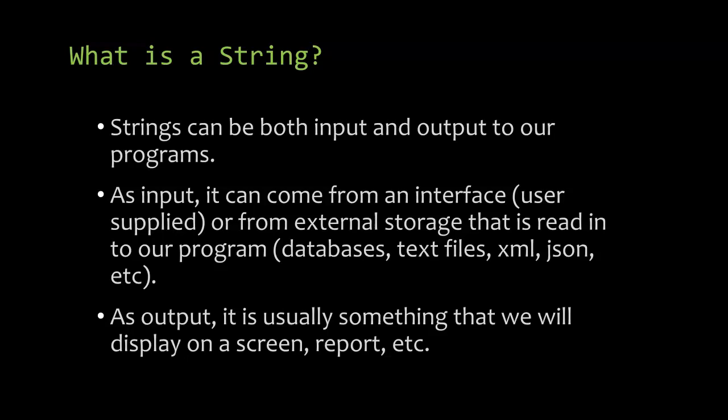This can include databases, text files, XML, JSON, etc. Basically, external data coming in to our program. These can be strings, okay? As output, it is usually something that we will display on a screen, like a report or back to a screen or whatever. We're going to make it pretty to actually display.